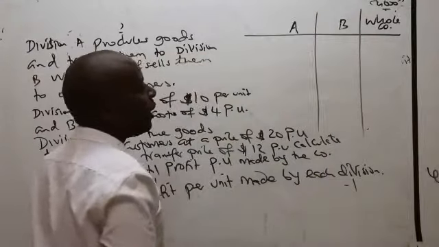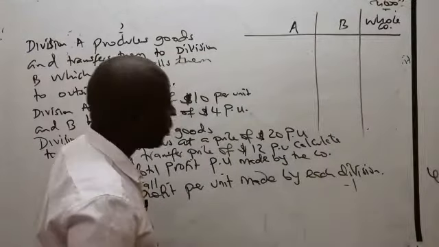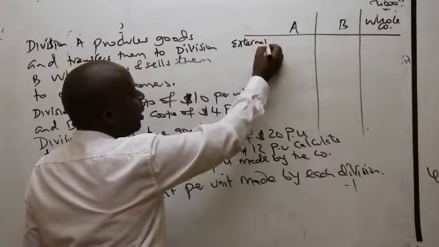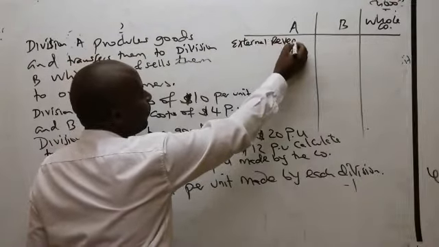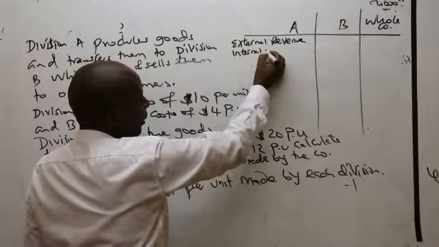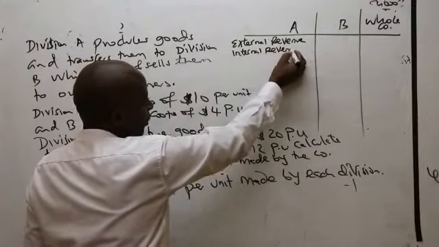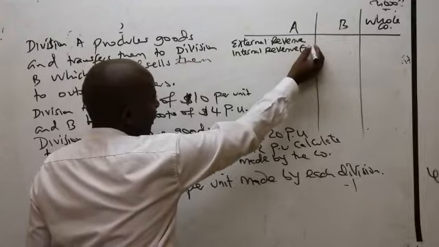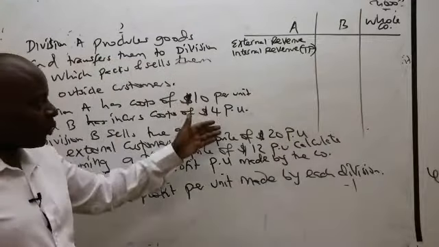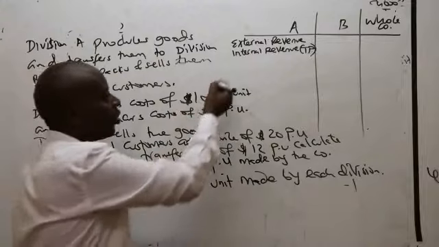I'm going to have 2 types of revenues: external revenue, and internal revenue, also called the TP. And then we go to the costs.